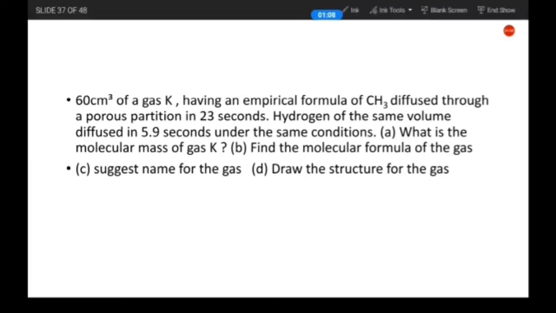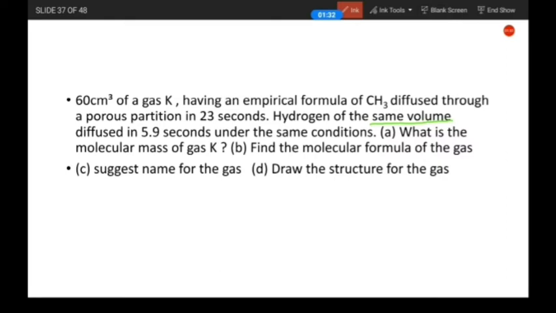Now you will quickly notice so many things that we have to do here. The first thing you have to do is to understand the question. Same volume, please note that. And there's a formula that we derived together on how to solve questions when the two gases have the same volume.